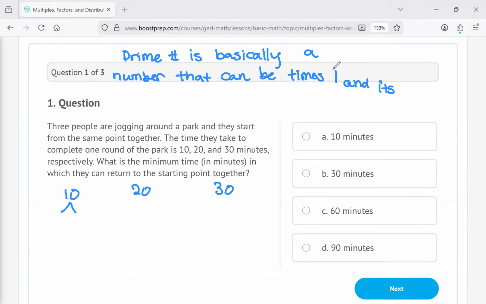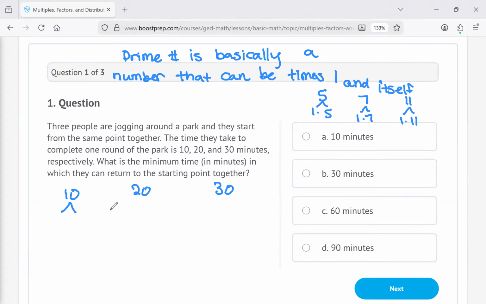What do I mean by one and itself? For example, 5 is prime because what two numbers multiply to 5? 1 and 5, right? 7 is prime because it can only be times by one and itself. Usually it's odd numbers. 11 is prime, it can only be times by 1 and 11. So basically any number that can only be times by 1 and itself.